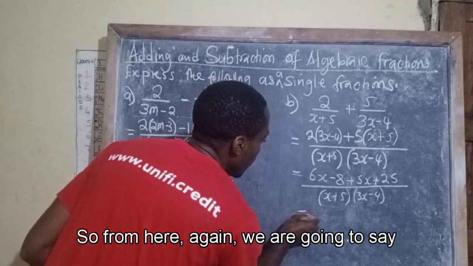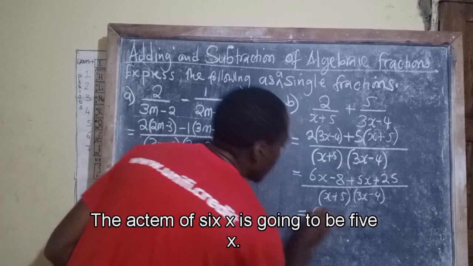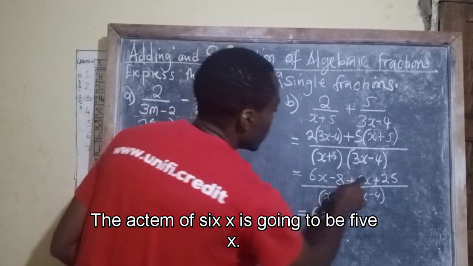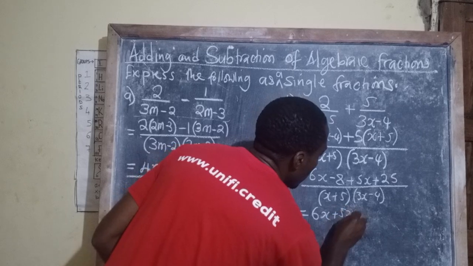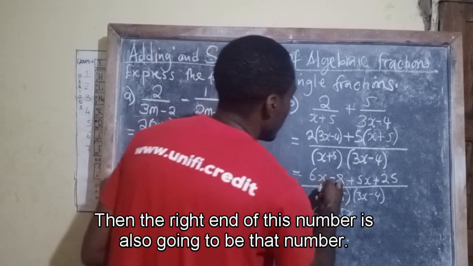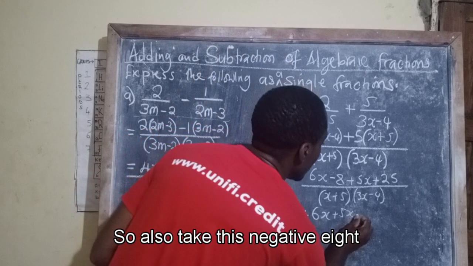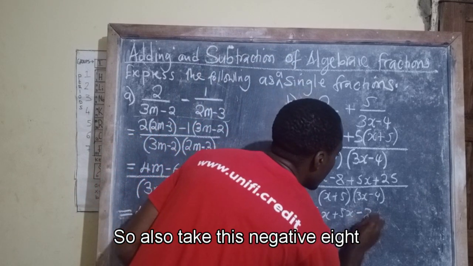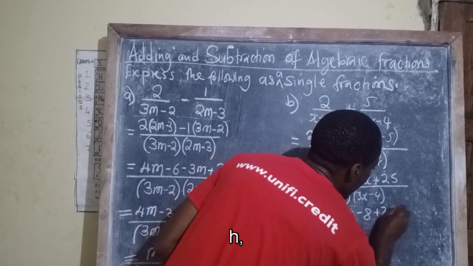Okay, so from here again we are going to say 6x, the like term of 6x is going to be 5x, so it will be plus 5x. Okay, then the like term of this number is also going to be that number. So we'll also take this negative 8 close to 25, like that.